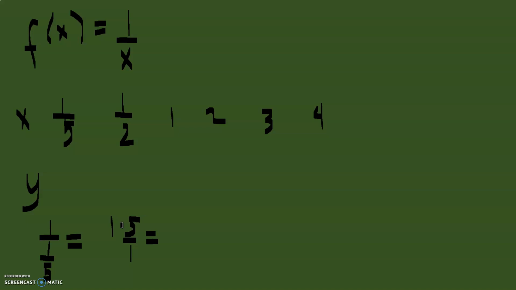Again, go back to the basics on how to multiply a whole number by a fraction: multiply numerator to numerator, then copy the denominator. 1 times 5 is 5. Copy the denominator, which is 1. We can still simplify this, or divide 5 by 1. 5 divided by 1 gives you 5.